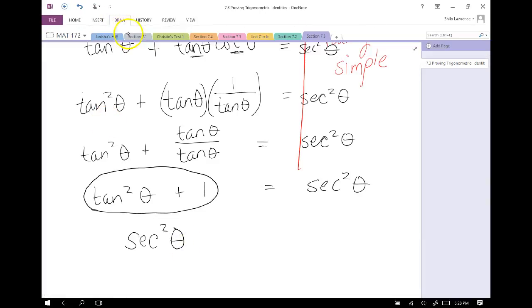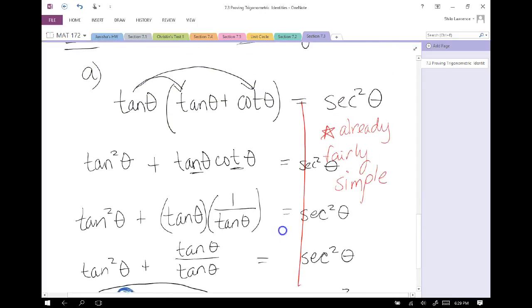And just a little pointer for your test, anytime you see a squared, you should check your Pythagorean identities and see if you can use them. Anytime you see a square, you should think Pythagorean identities. Can I use a Pythagorean identity here? And this one you can, tan squared plus 1 equals secant squared. And now my left and my right match, secant squared equals secant squared, so we're done.